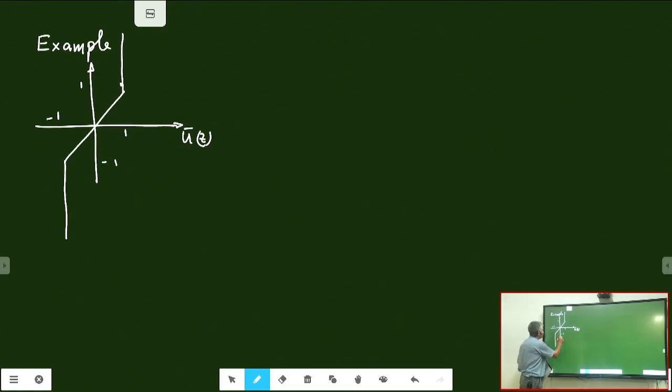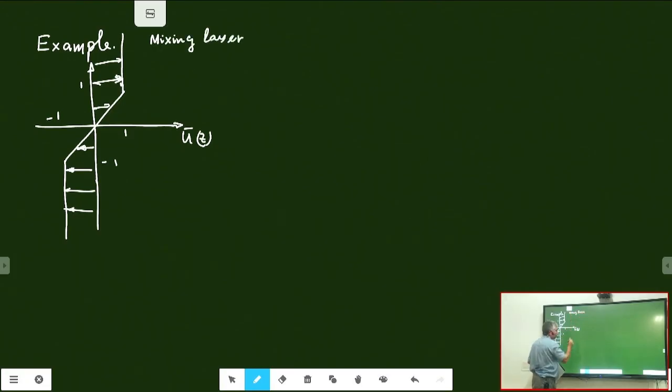So this is the velocity profile I would like to consider. It is called a mixing layer. And what is that mixing layer? It is a prototype of an actual physical flow, which is observed in nature, and I will show you the actual pictures of that once we solve the problem.